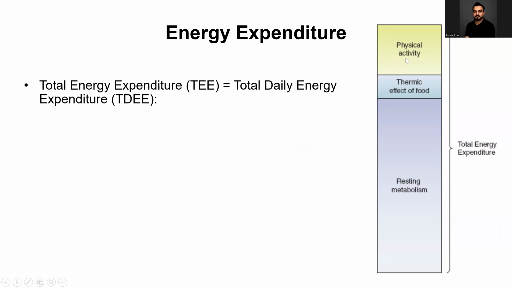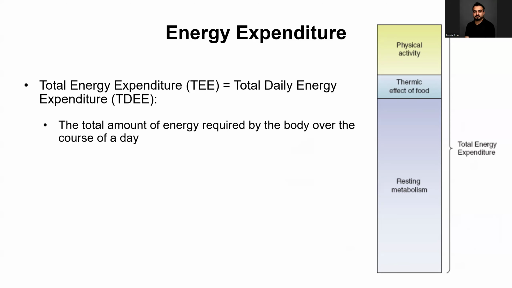If we add up these three components, we get total energy expenditure or TEE, sometimes TDEE, which stands for total daily energy expenditure. And this is the total amount of energy required by the body over the course of a day. So this total energy expenditure is reported as daily.